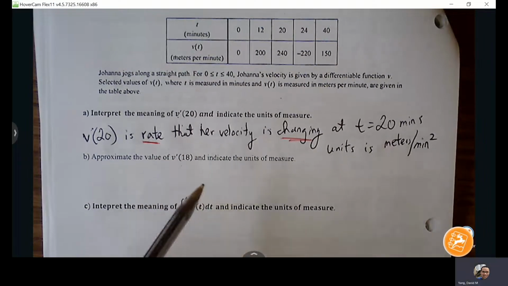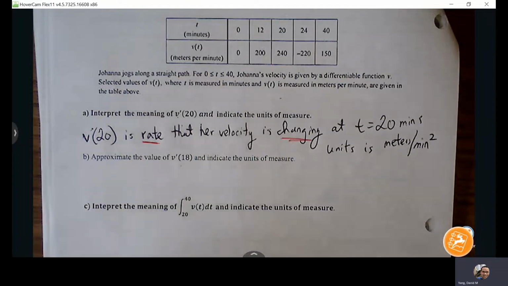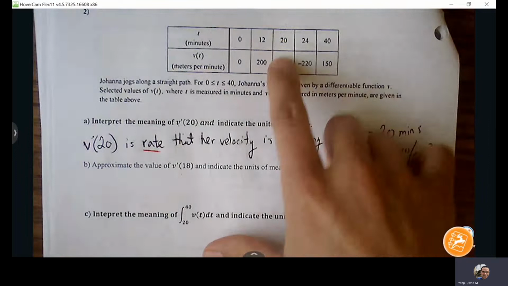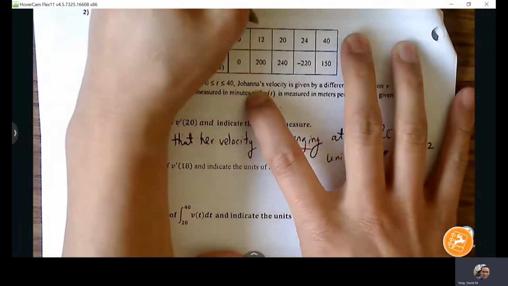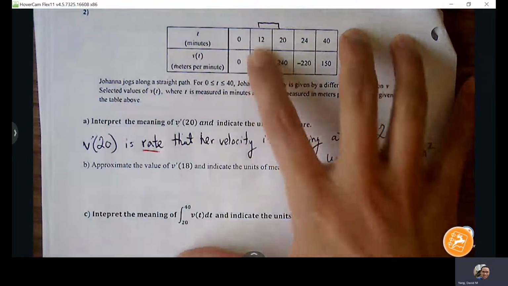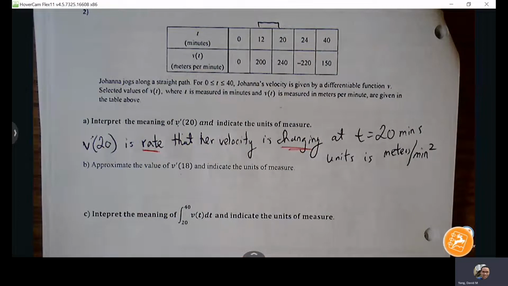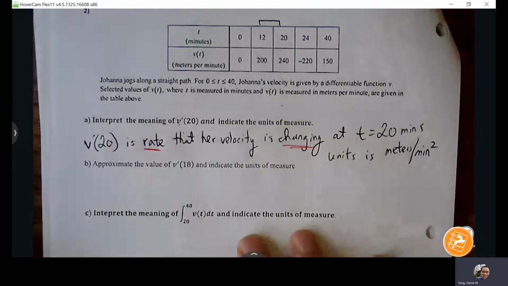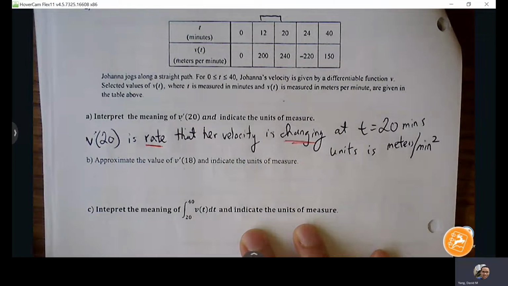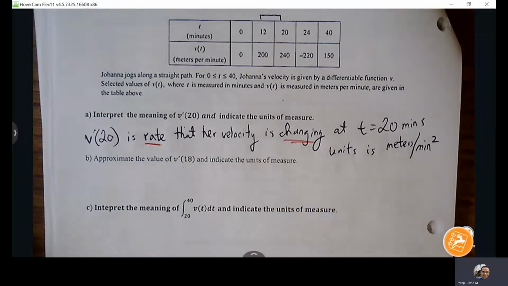Okay, so derivative, rate of change, slope. Those are all connected. Sometimes if you have a function, you can find the exact rate of change, but here the best you can do is approximate it, because we'll just pick values that are closest to our source. We don't have anything involving 18, but we have 12 and 20, and those are the closest ordered pairs to 18 minutes.